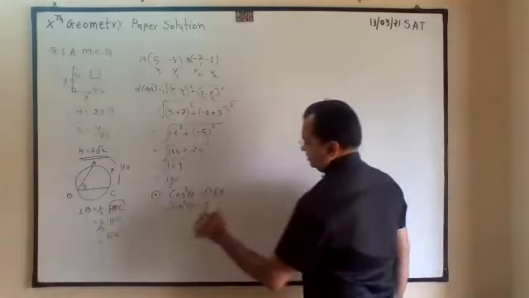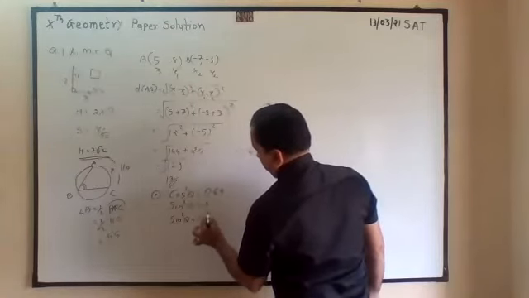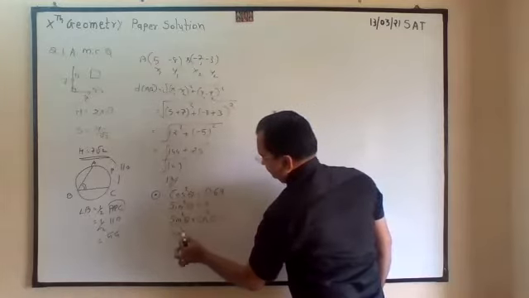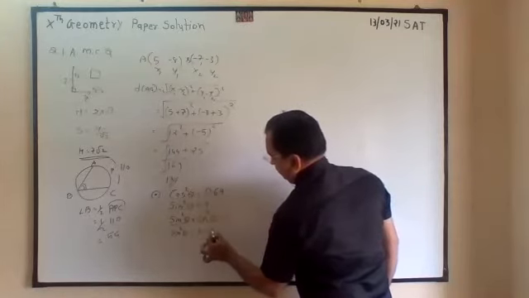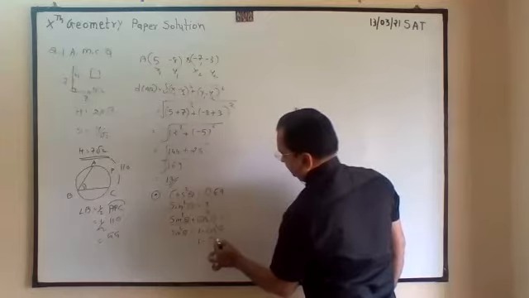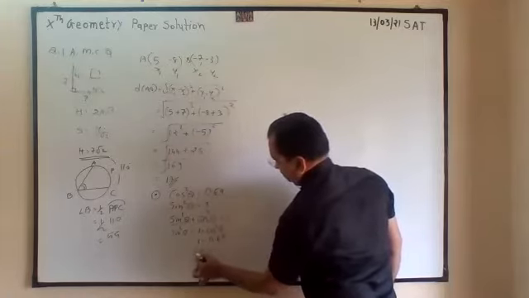No. See, very simple, you can find out. Sine square theta plus cos square theta is equal to 1. So sine square theta is equal to 1 minus cos square theta, is equal to 1 minus 0.64. So 0.36.